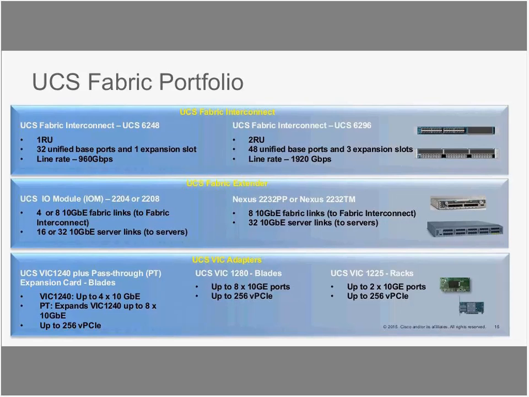Fabric extenders, we have the 2204 and the 2208. This gives you a certain amount of uplinks leaving the chassis as well as back traces to the servers. Then you have different types of virtual interface cards: the 1240, the 1280, as well as the 1225 that is used for the rack mount servers.